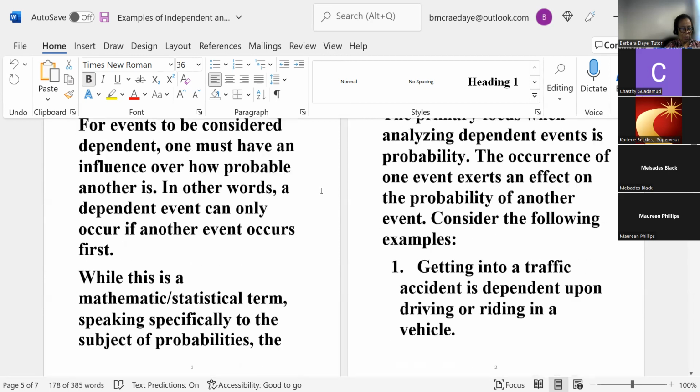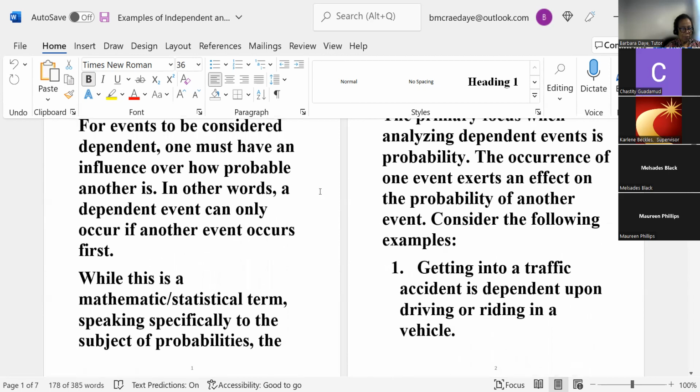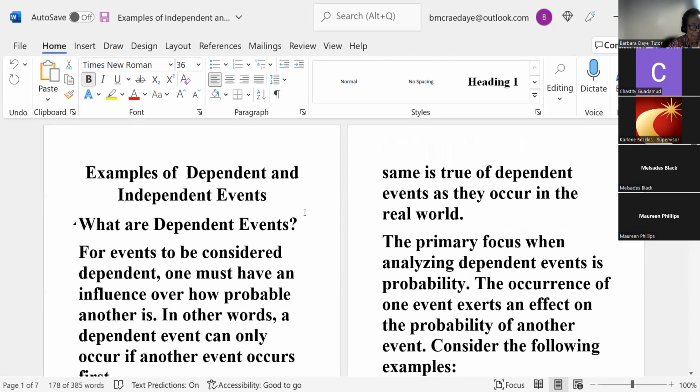Let's just go through some. Now, for something to be dependent, one event can only occur if another event occurs first. That makes it dependent. That's not true of an independent event.